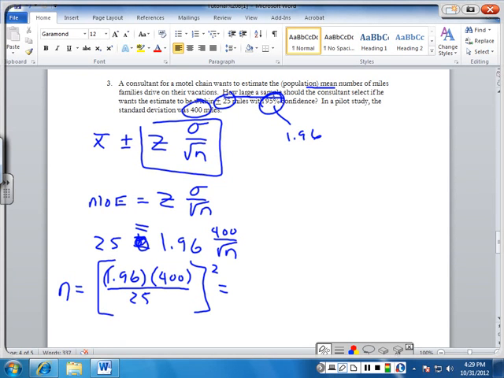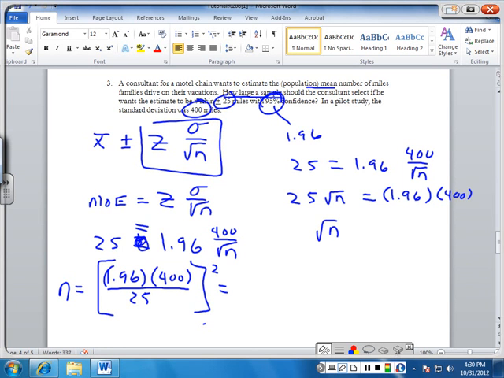So I'm starting from here. 25 is equal to 1.96 times 400 divided by the square root of n. If you're really good at algebra, you can skip what I'm doing now and just do the first part over here. So the first thing I'm going to do is multiply both sides by the square root of n. So 25 times the square root of n is equal to 1.96 times 400. Then I'm going to divide both sides by 25.